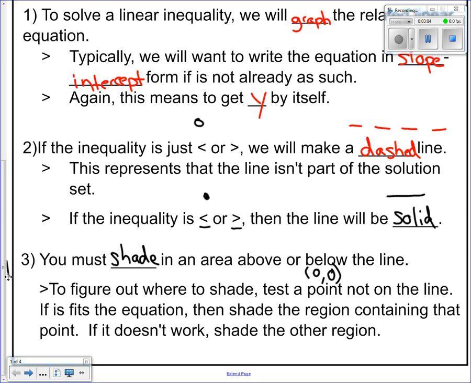It's easy to use (0, 0) because plugging in zeros makes the math as simple as possible. The only time we will not use (0, 0) is if that's already on the line. Then we just pick something else. When we plug it in, we see if it works, then we shade that part. If it doesn't work, then we shade the other region. So we're going to look at 6 examples, and then I'll give you some to try out on your own.